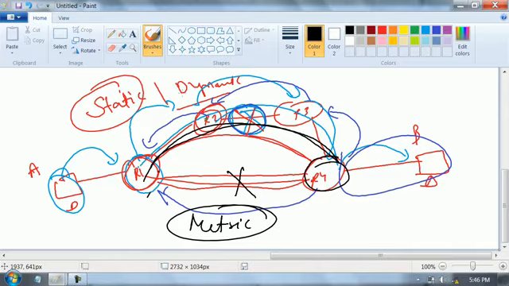Every routing protocol will have its own metric. Any question? So what is metric? Metric is a value. It will vary for every routing protocol. This value is used to define the best path.